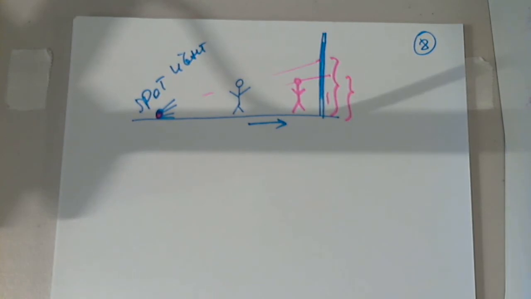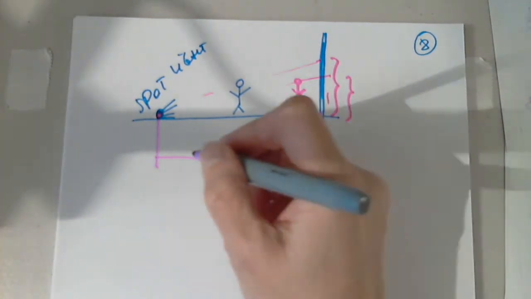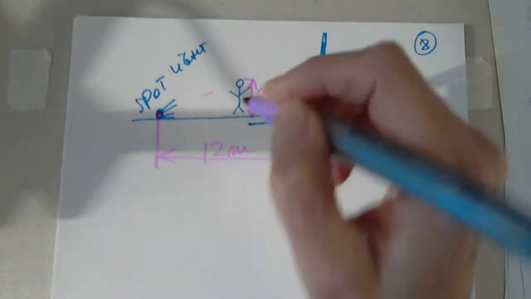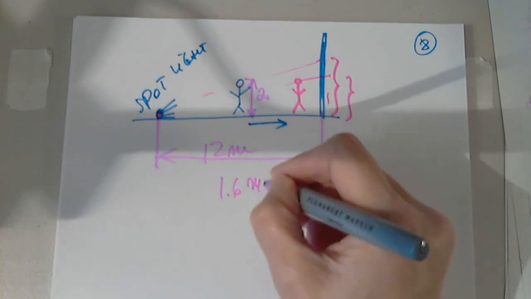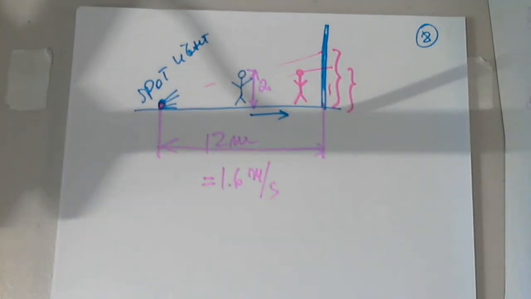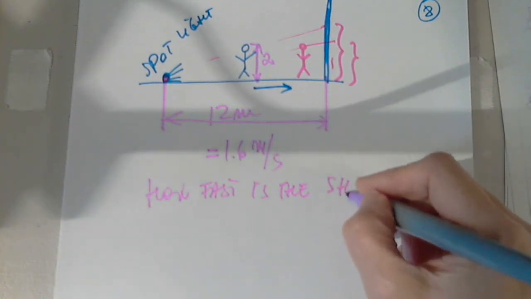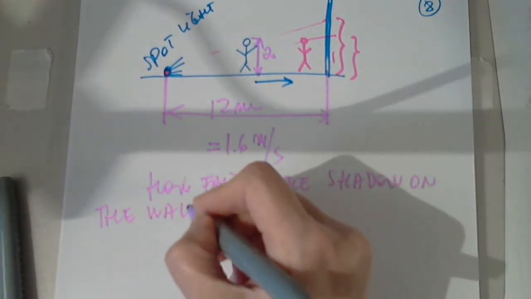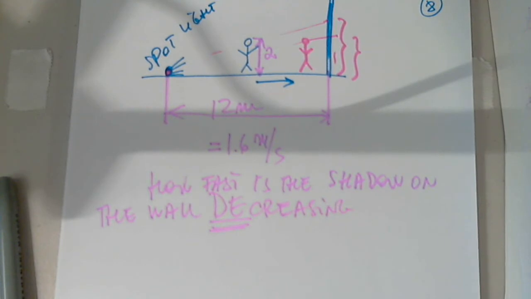Okay, so now let's read the question. A spotlight on the ground shines on a wall 12 meters away. If a man 2 meters tall walks from the spotlight towards the building at a speed of 1.6 meters per second, and you'll tell me what this is in a minute, how fast is the shadow on the building, on the wall, decreasing when he is 4 meters from the building?